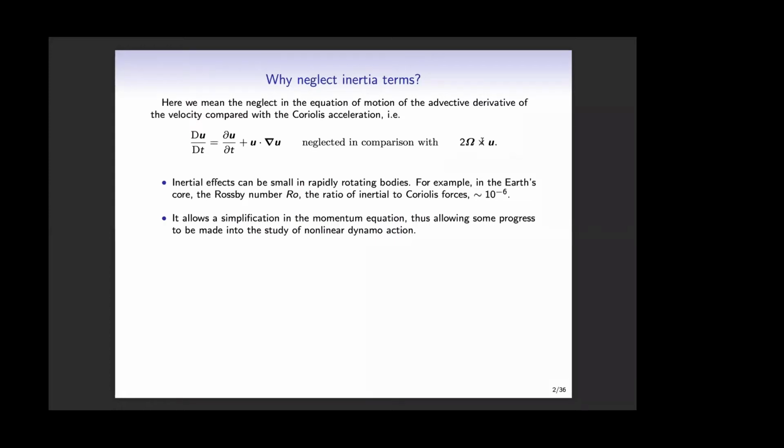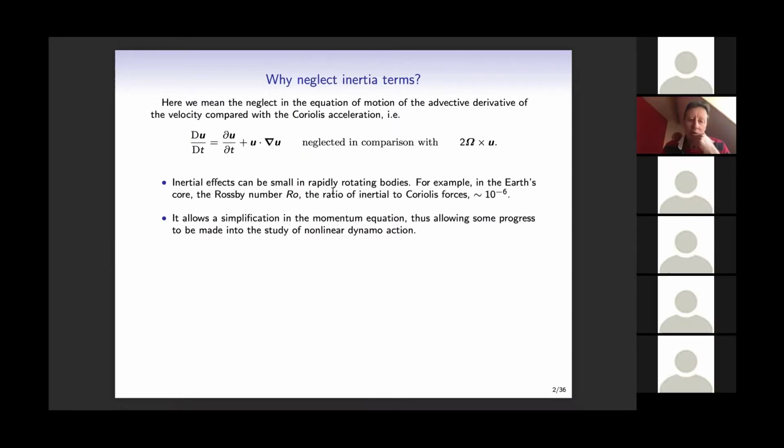So why should we want to do that? Well, two reasons. One is that in rapidly rotating bodies, if you looked at how big these acceleration terms are compared to the Coriolis terms, which is the Rossby number, that's quite small. So we have, for example, in the Earth's outer core, an estimate of the Rossby number. Of course, we know the period very well.